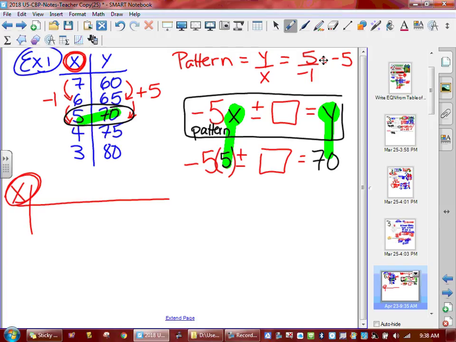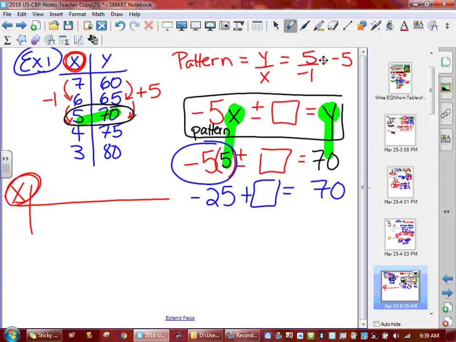Now we do bedmass. So we have to multiply these two numbers. What do I get with negative 5 times 5? Good. Negative 25. Now, remember, this is a number line. You're way over on the negative side, negative 25. And you have to get all the way to positive 70. So how am I going to find out what that missing number you have to add is? What do you think?